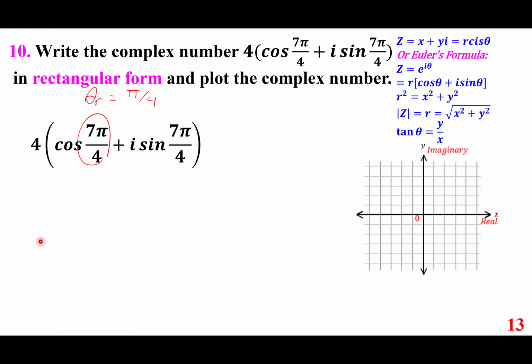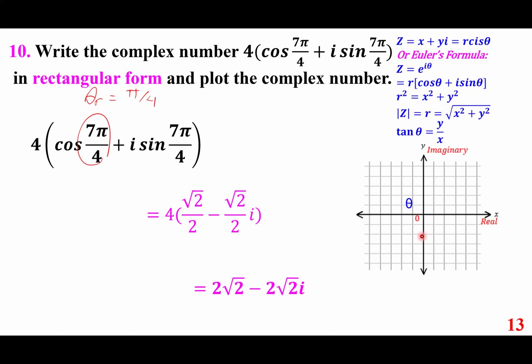So cosine and sine are both square root of 2 over 2. In the fourth quadrant, cosine is positive, sine is negative. So 2 square root of 2 minus 2 square root of 2 i.